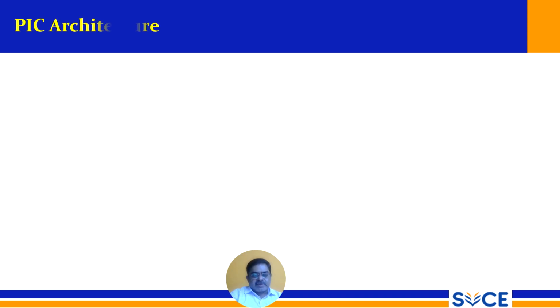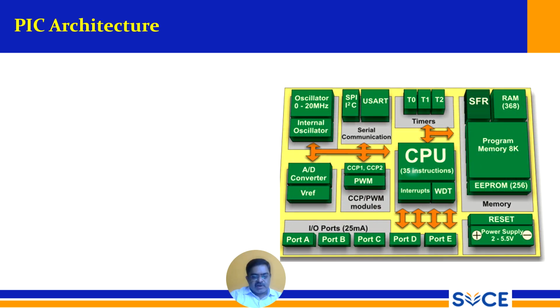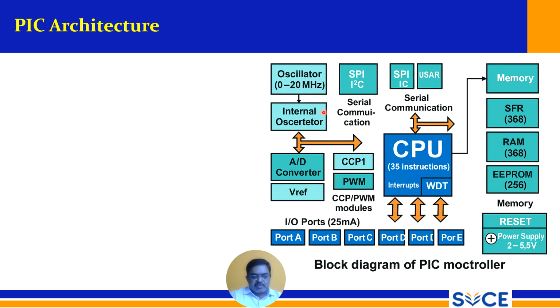So the PIC architecture, if you see, shows the different elements of the PIC microcontroller. You can redraw this into a two-dimensional diagram. This is the external oscillator and internal oscillator, and you have the A to D converter and V reference.